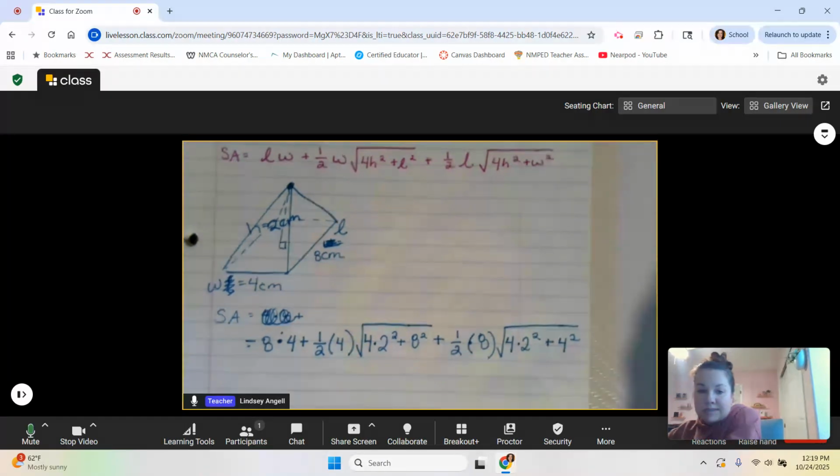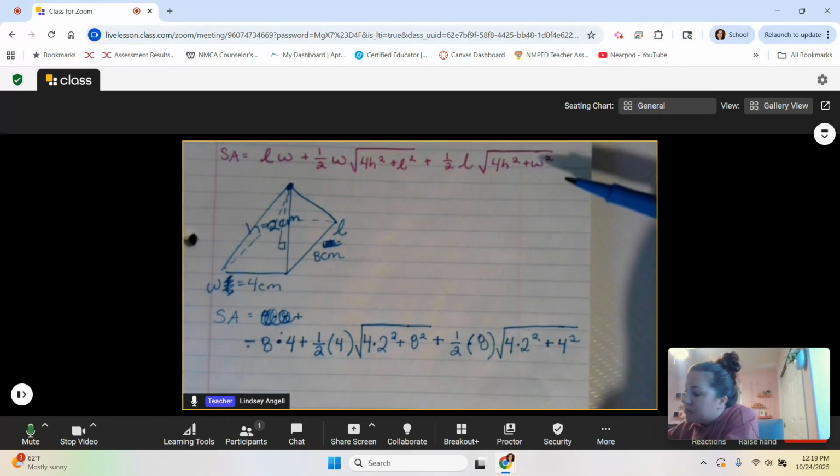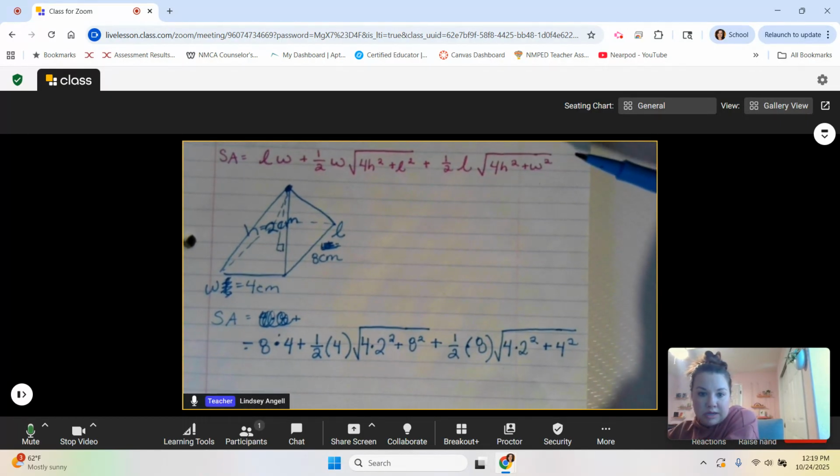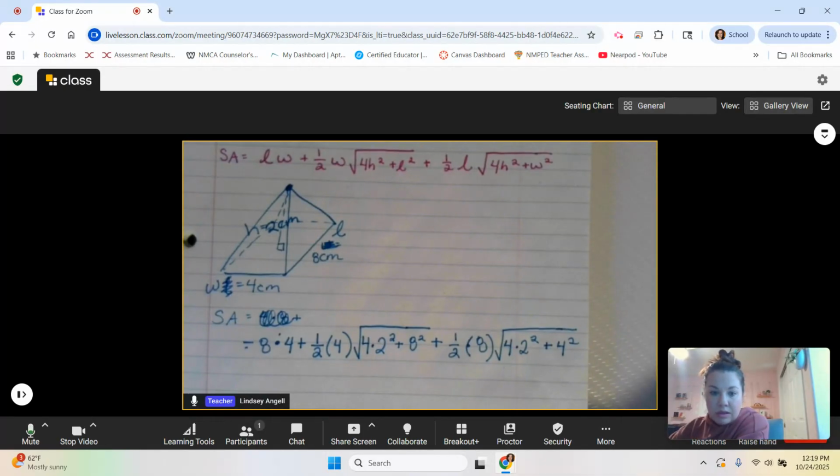All I did was take my values and plug them into each part of this equation. I know it looks very intimidating, but it's not going to be that bad.